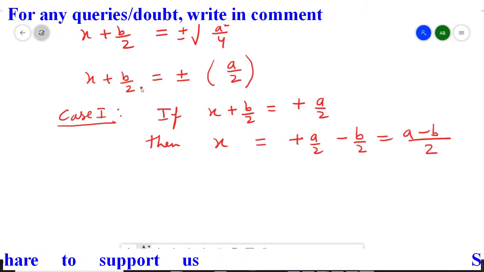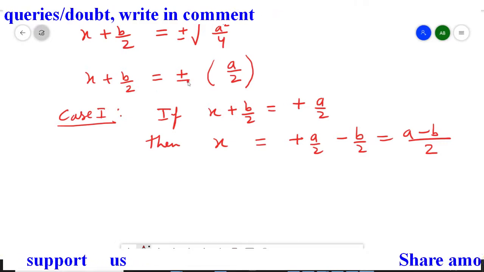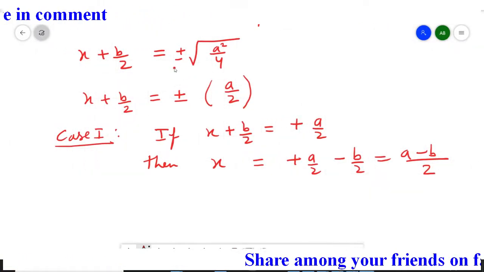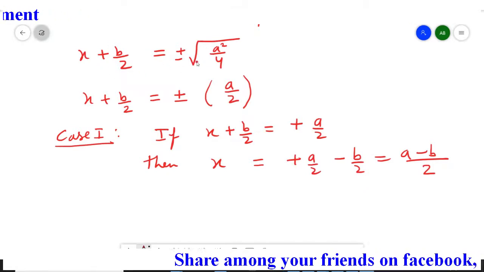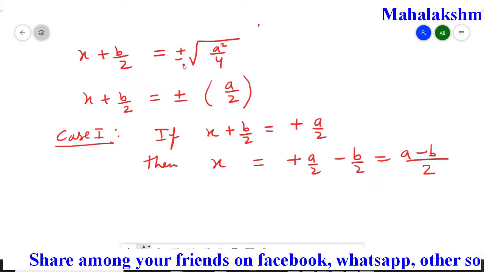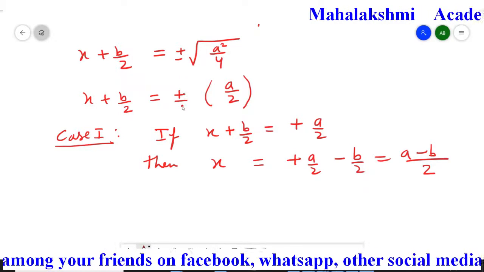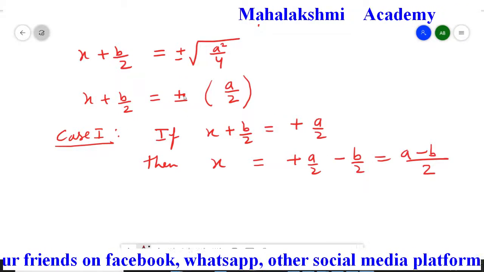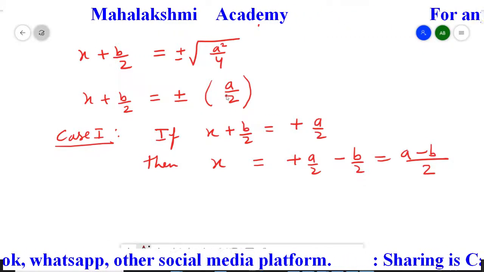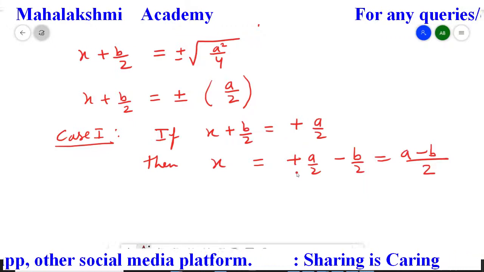So what we are doing is, here we obtained plus minus, and I hope you already know this thing. Whenever we have to take the square root, the answer used to come in both plus and minus. So we have to take a plus minus sign, and in case first, we consider a upon 2 as plus sign, and the second time in case second we consider it as minus sign.